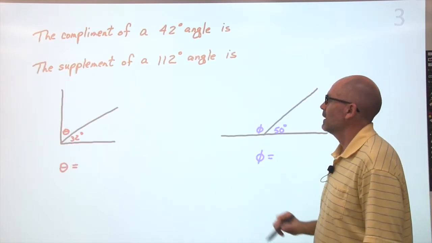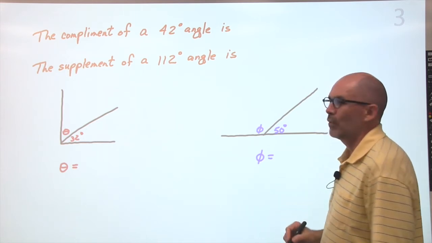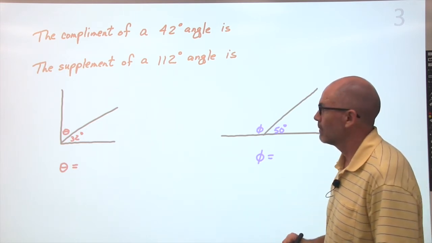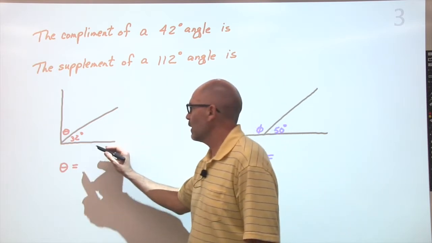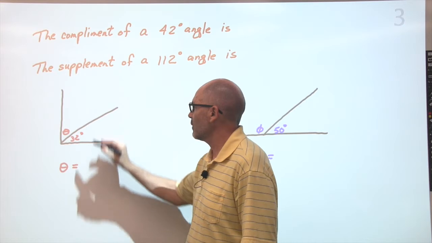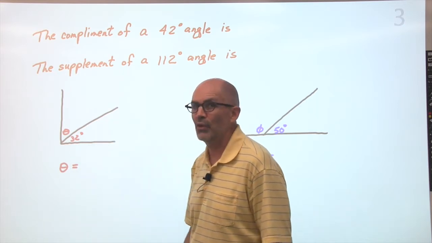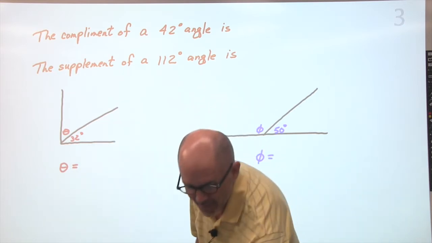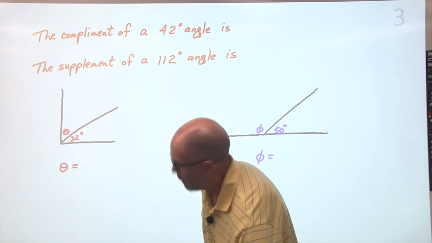Okay, now, let's try some really difficult problems. Okay, we have a right angle here. One of the angles is 32 degrees inside the right angle, and then we have theta, and you need to come up with the measure of theta.